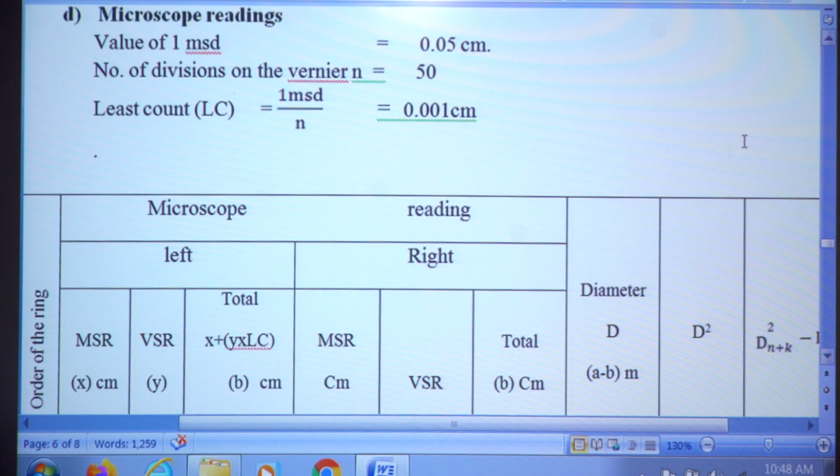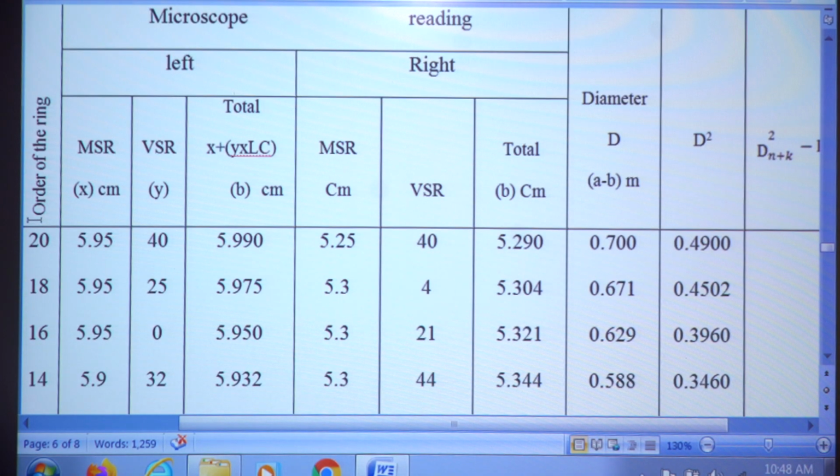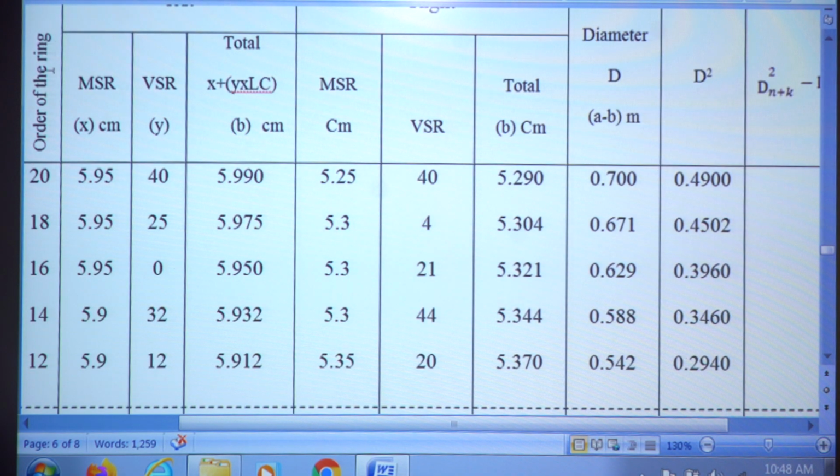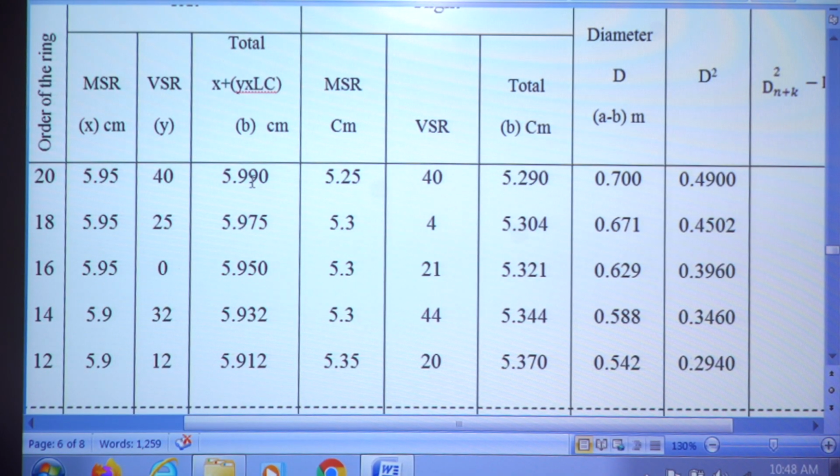Now coming to a sample set of readings for the Newton's ring arrangement, we have seen that for the microscope the least count is 1 main scale division, 0.05, divided by the number of divisions of the vernier, that is 0.001 centimeter. Then for the 20th ring on the left side we obtain the MSR 5.95, VSR 40, total 5.990.